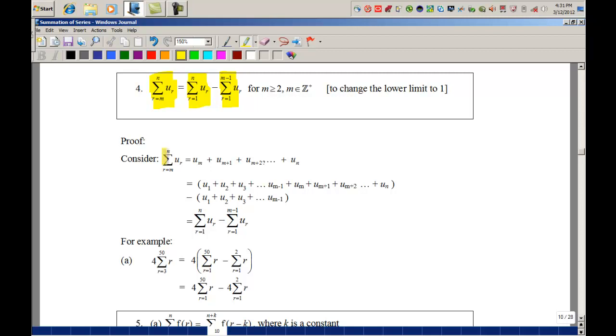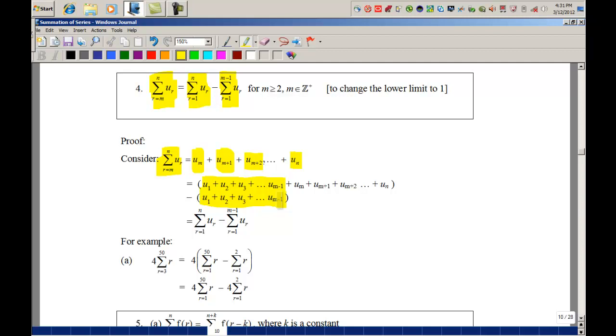Now look at the proof. Now the left hand side is actually summing from m to n. So the first term is um, plus 1, plus 2, all the way until the last term un. Alright? Now this is the same as actually adding u1 plus u2 plus u3 until um minus 1 and subtracting the same thing here.